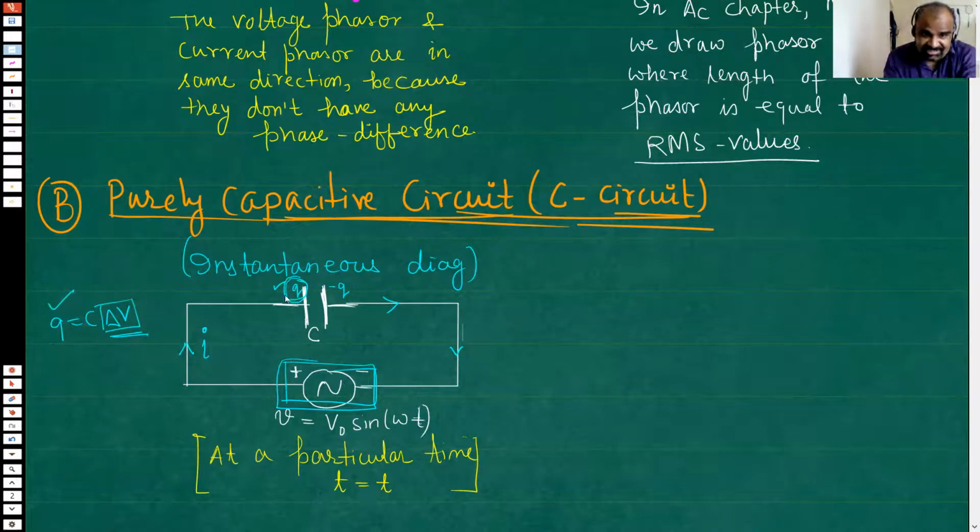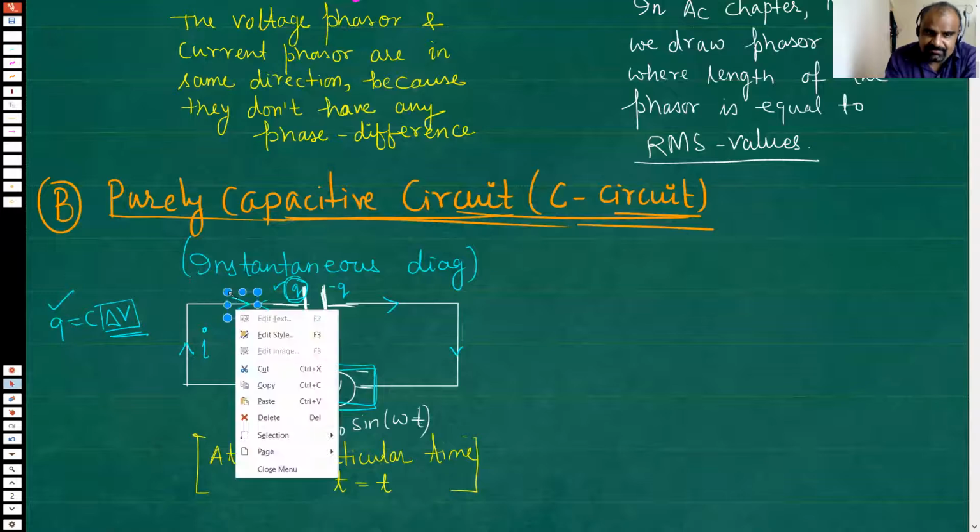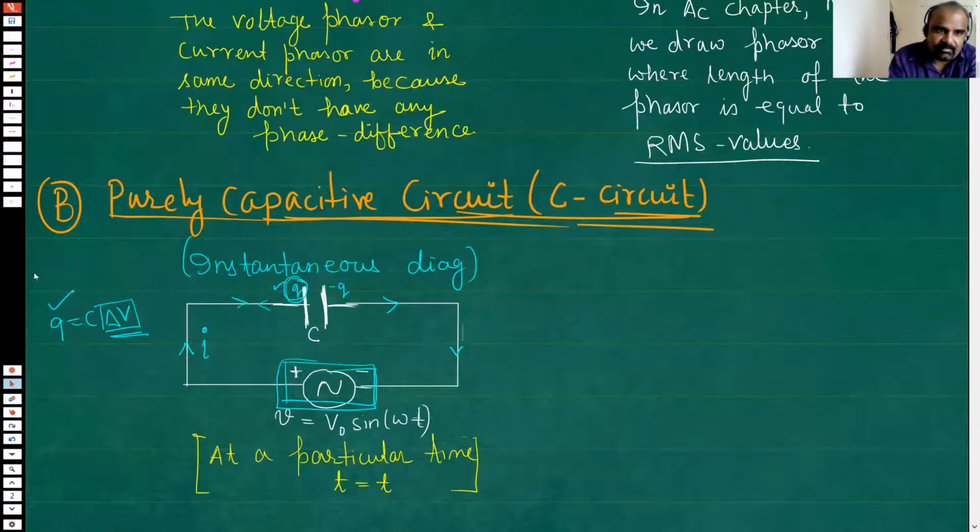So if Q changes, that means charge is flowing. How can this Q change? It can change only if charge flows in like this, or maybe flows out like this. If charge flows in like this, then Q will increase. If charge flows out like this, then Q will decrease.